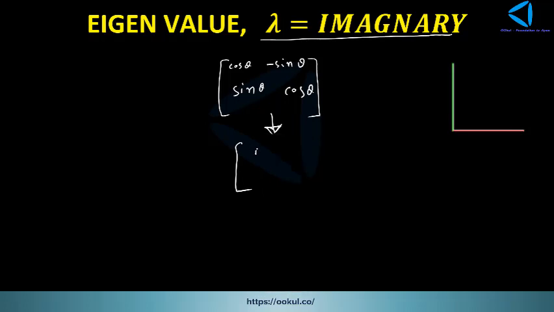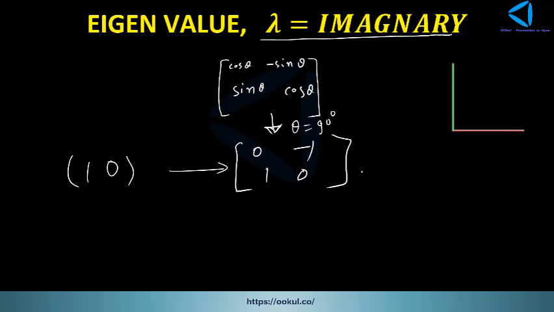So this will be 0, minus 1, 1, 0. If you give some vector, say 1 0, what comes out is 0 1.